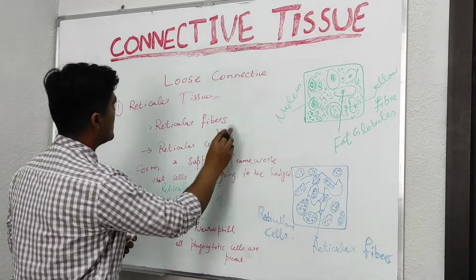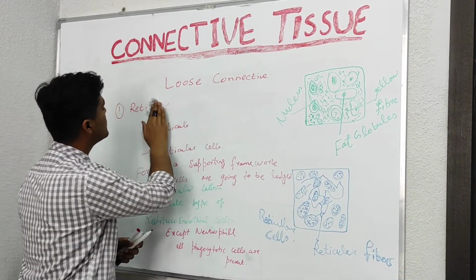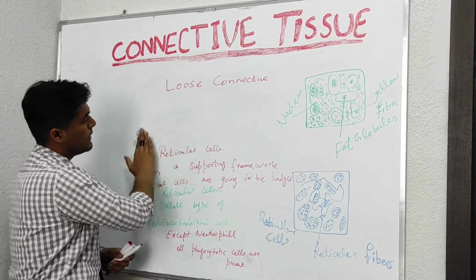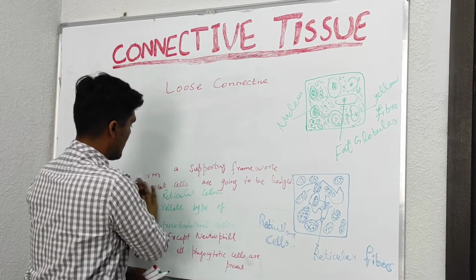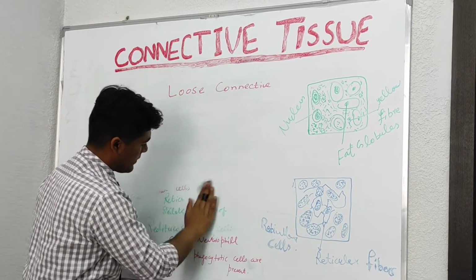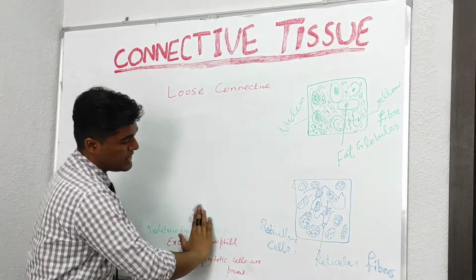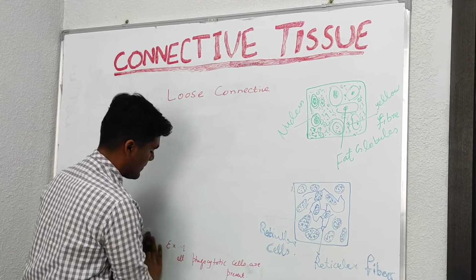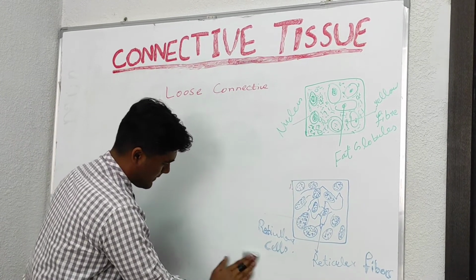Now talking about the third type of loose connective tissue, adipose tissue, and how it is classified. Adipose connective tissue basically consists of adipocytes, which are the fat cells.